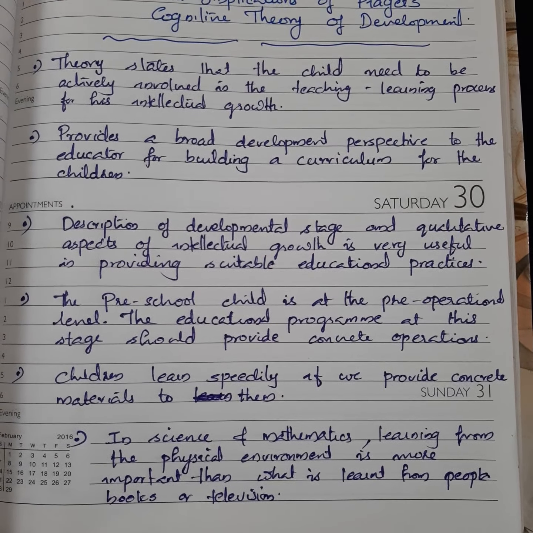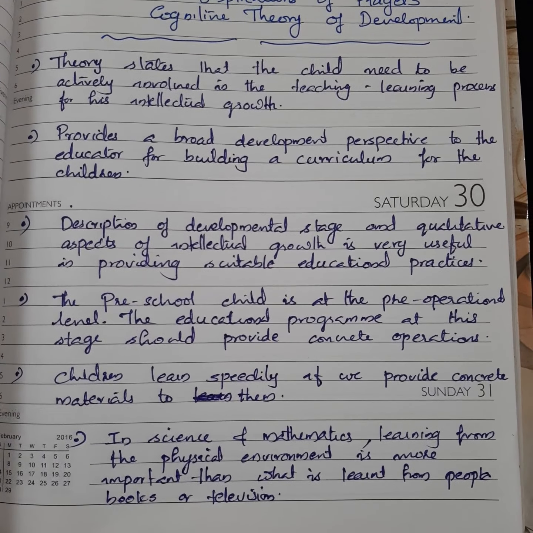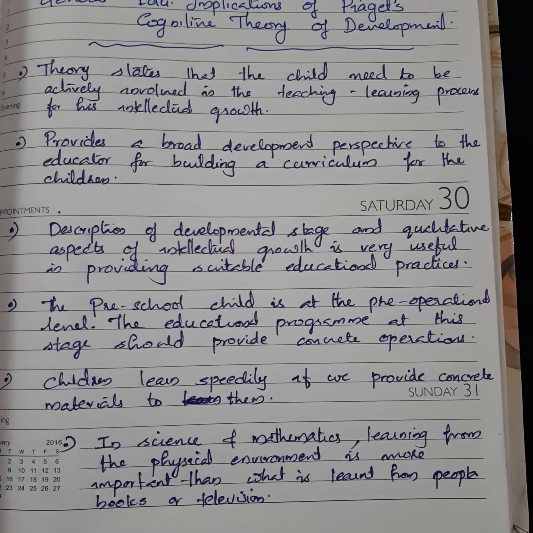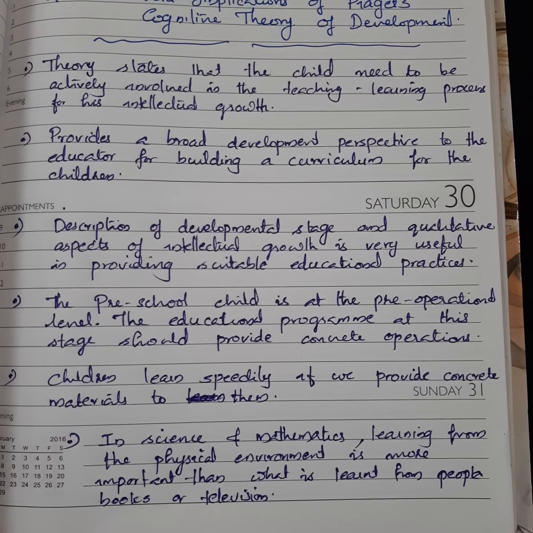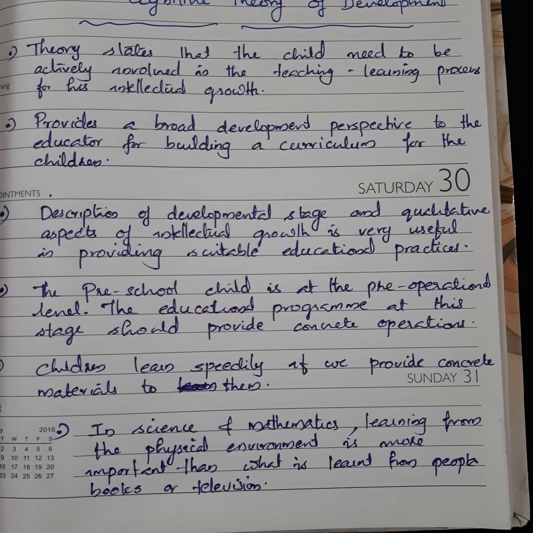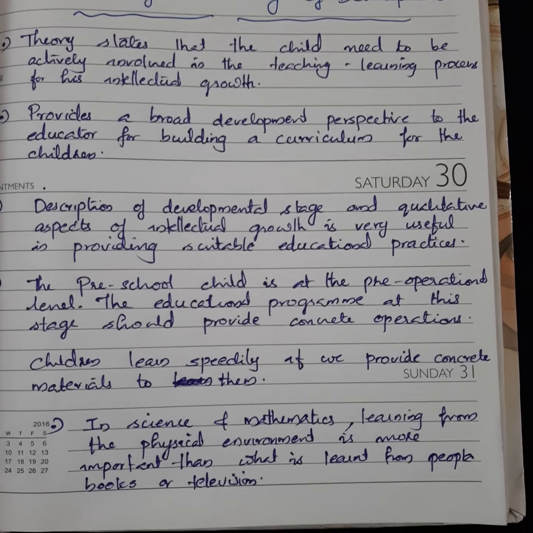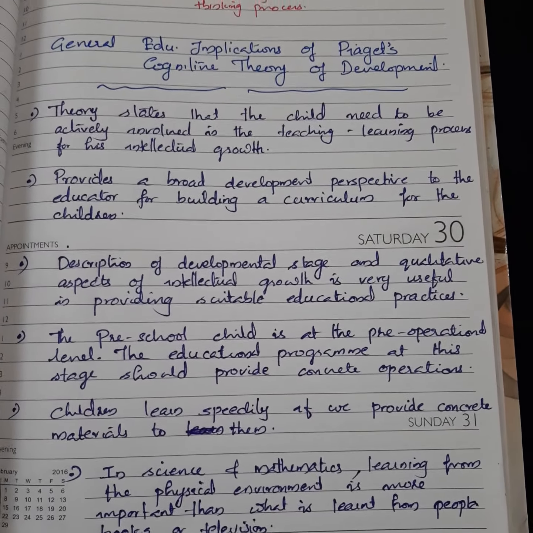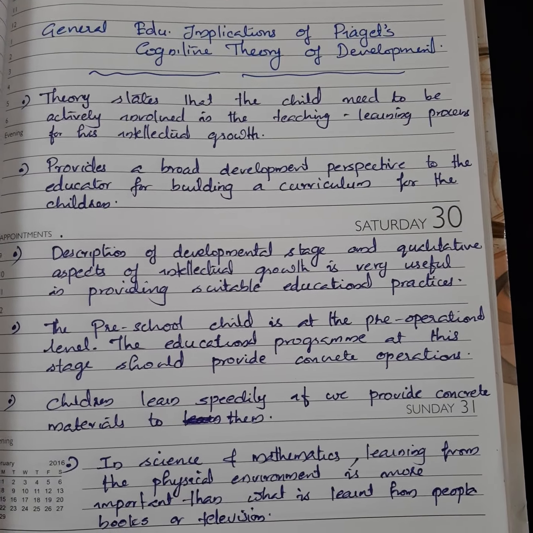In the case of the preschool child, the child is at the pre-operational level and the educational programs at this stage should provide concrete operations. So these are the general educational implications of Piaget's cognitive theory of development.